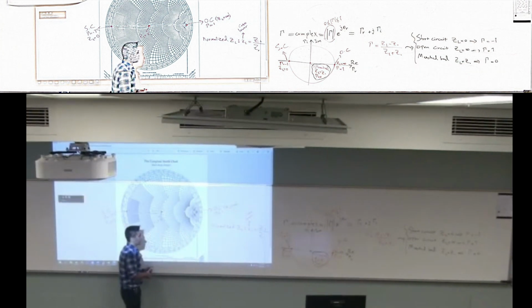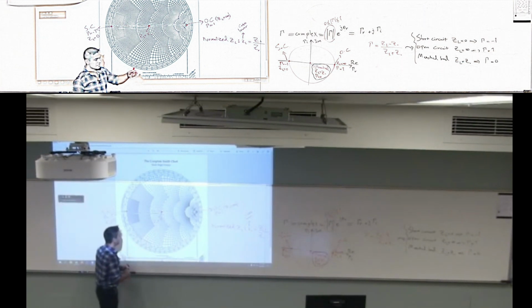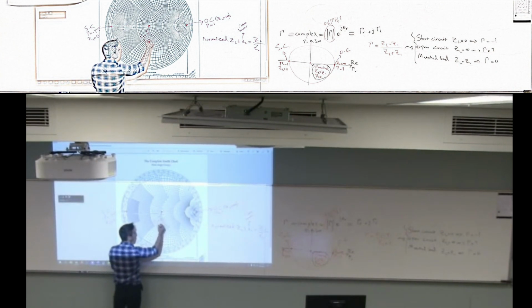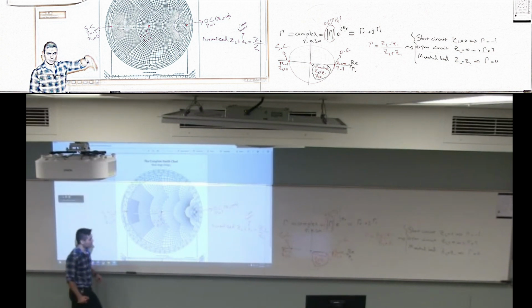So in this case, if ZL is equal to Z0, the normalized z_L is going to be equal to 1. Okay, but these are the same. If you normalize infinity or 0, you're going to get the same thing.